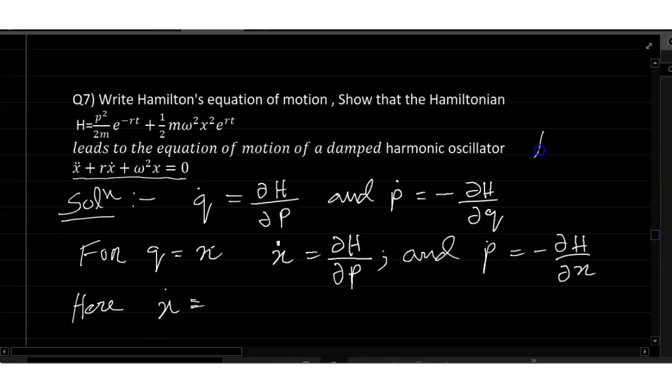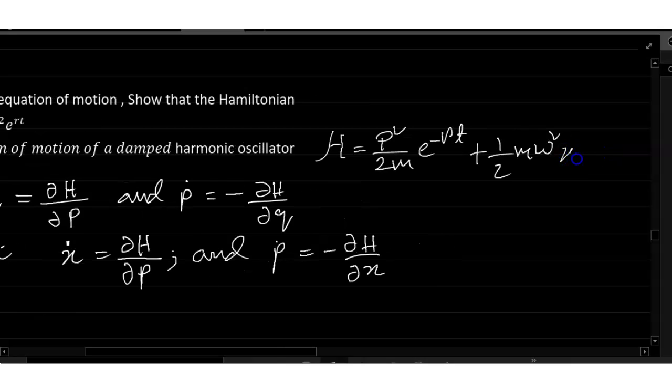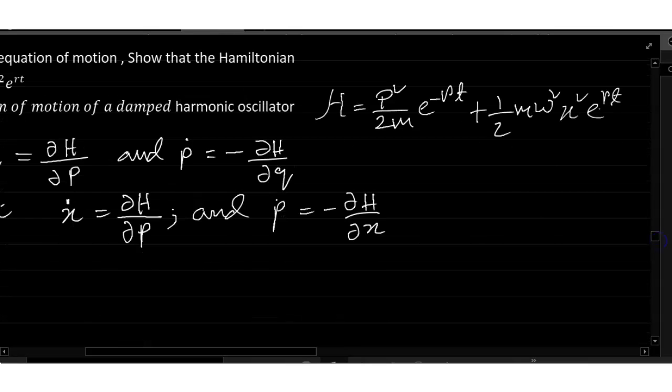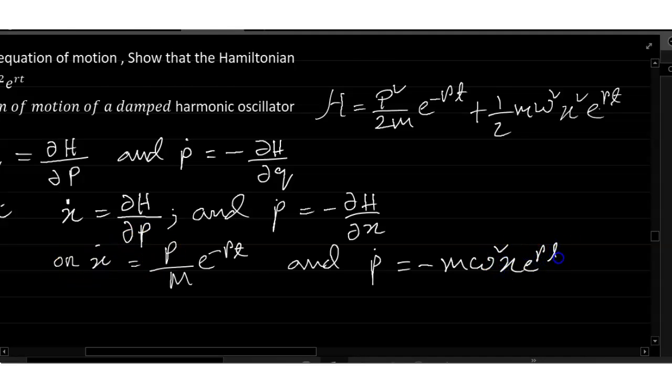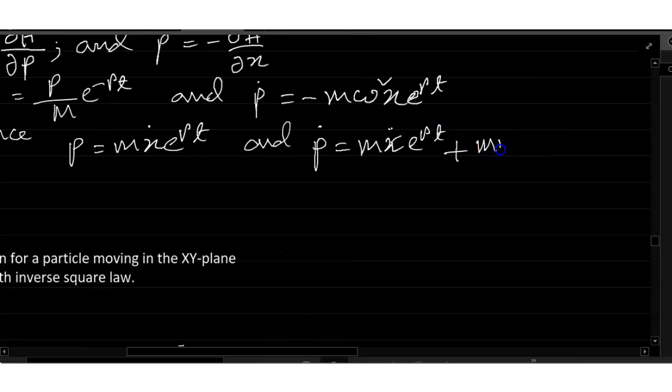Whatever I get, I write here H equals p square by 2m e to the power minus rt plus half m x square e to the power rt. If I get del h by del p, I get x dot e to the power rt. P dot is equal to m x double dot, e to the power rt m r.